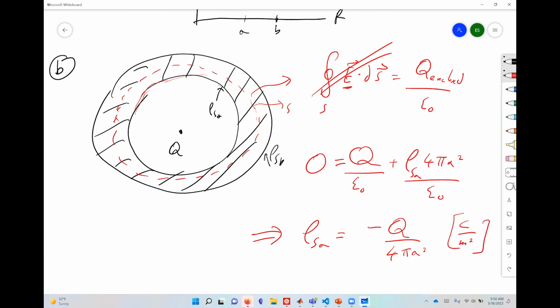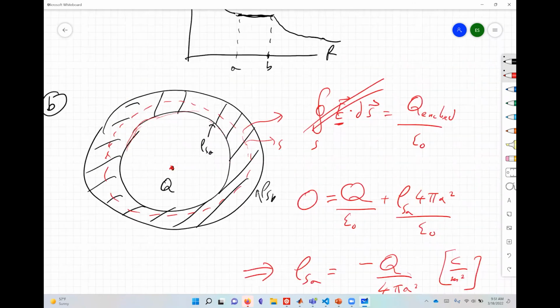I didn't even have to solve for E. I just strategically put my Gaussian surface inside the conductor, knowing that E inside the conductor is 0. And this allowed me to directly calculate rho SA from the charge in the middle. If there was no charge in the middle, of course, rho SA is going to be 0.